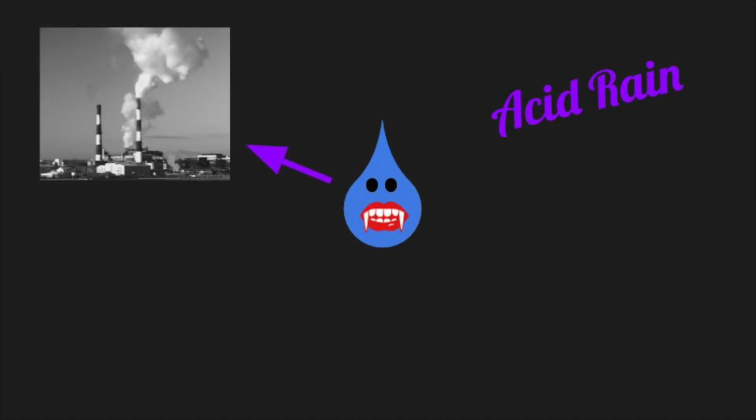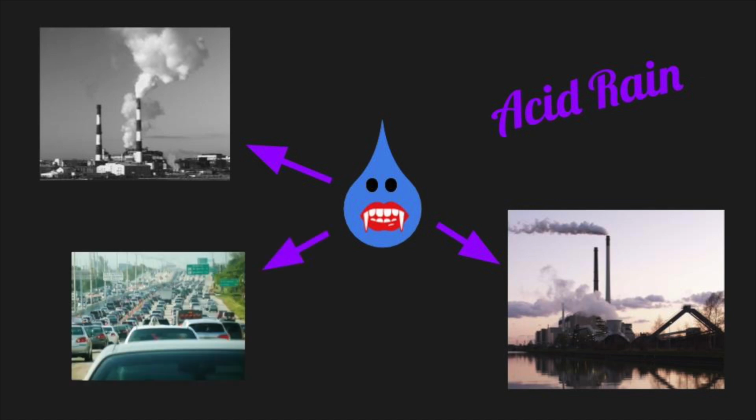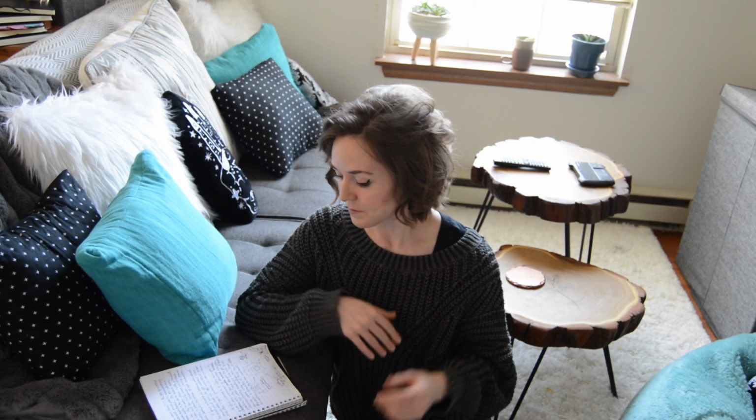So let me talk to you a little bit about, first of all, where does acid rain come from? Acid rain comes from a variety of sources. Namely, for the Chicago area, it comes from heavy manufacturing, power plant exhaust, and car exhaust due to the high amount of traffic during rush hours.